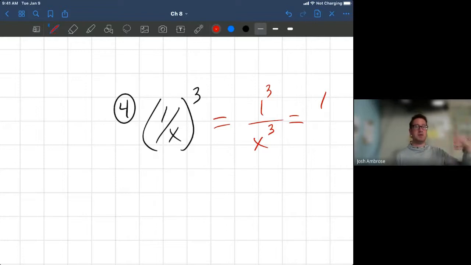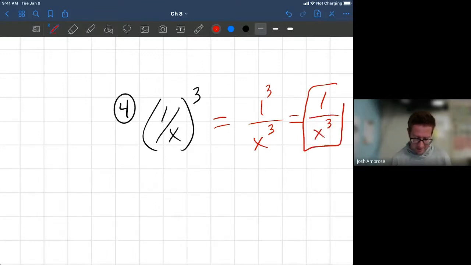Like 1 times 1 times 1. It's all still 1. 1 to any big number, 1 to the billionth, doesn't matter. It's still 1. All right, over x to the power of 3. That cannot be simplified any further because x, we don't know what it is. So we leave it simply as x to the power of 3.